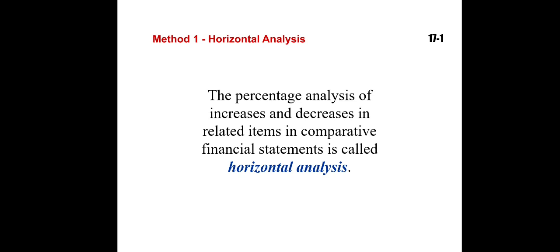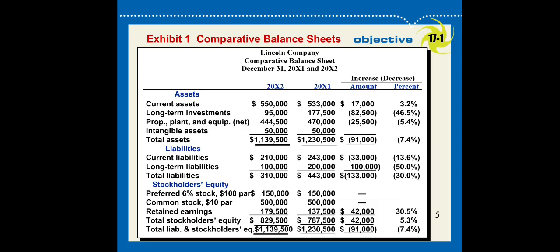Comparative financial statement means a financial statement that contains current year data and previous year data. That is what we call a comparative financial statement. Okay, this is the way to do horizontal analysis for a balance sheet. See how to do it.